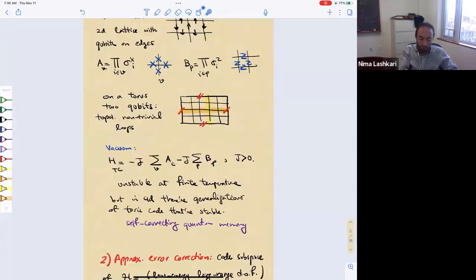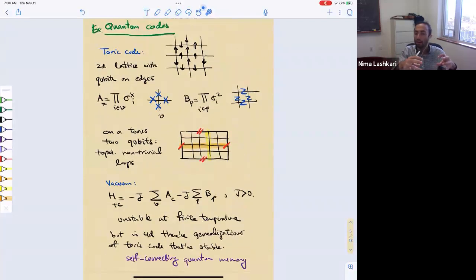So, said differently, the moment that you turn on temperature, I guess the degenerate vacuum space goes away. Well, sorry, I should be careful about this.